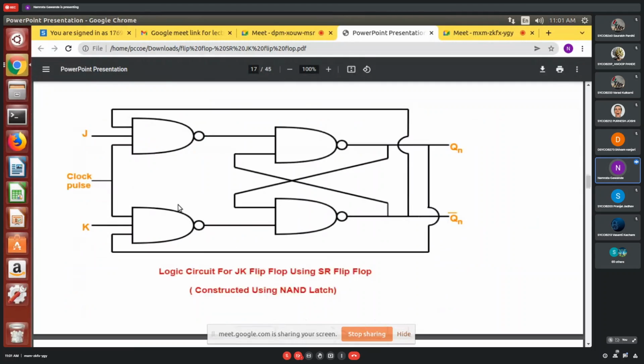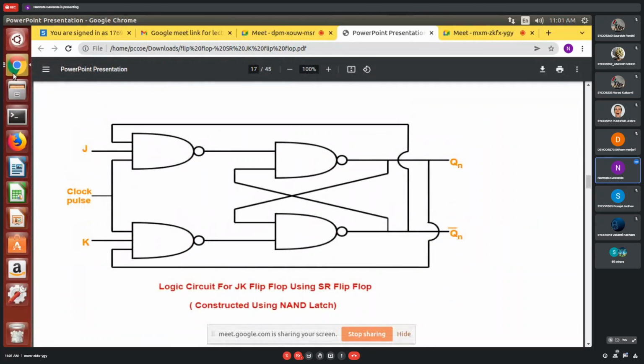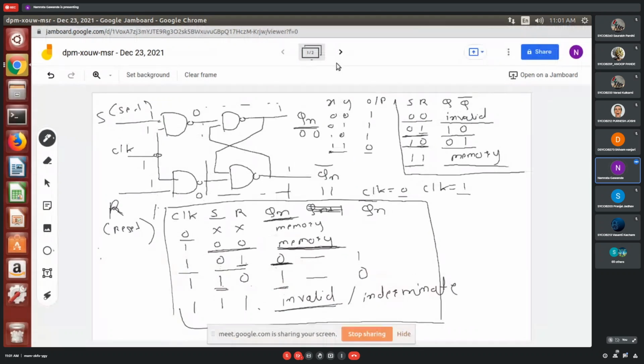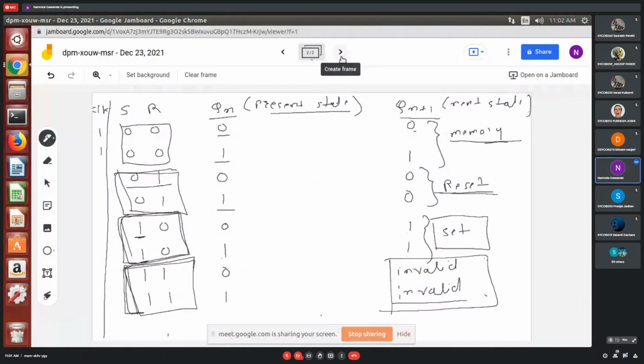So with this, you can see this particular diagram. What you can see in this diagram, see the difference between SR and JK. What is the difference that you can observe here? Let me give you an idea over here only.